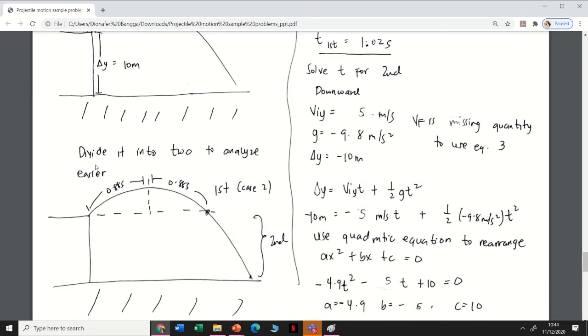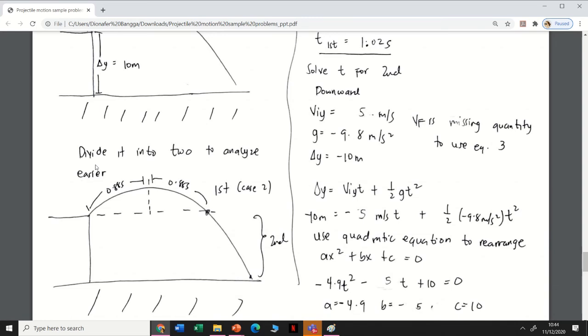We have two of the same variable, one raised to 1 and the second raised to 2. So you could rearrange this into a quadratic equation and get the a, b, c to solve it through the quadratic formula for us to solve the time. That's the only possible way for us to solve for the time, through a quadratic equation.